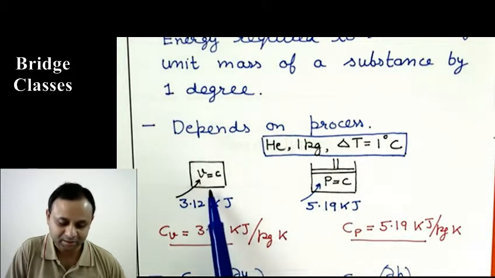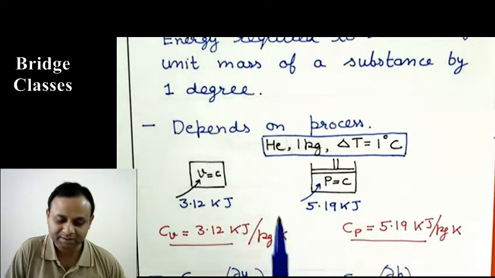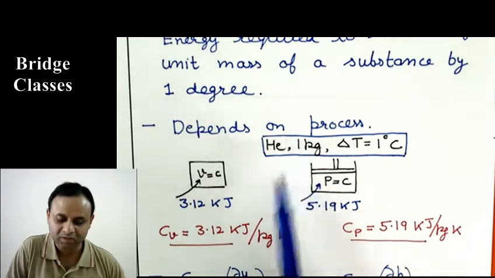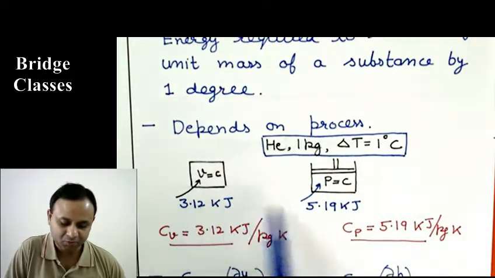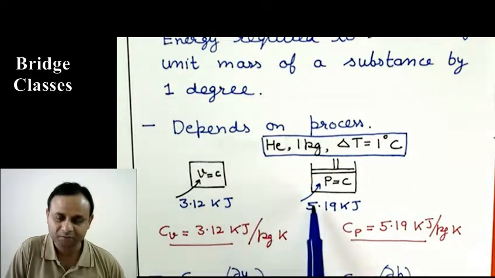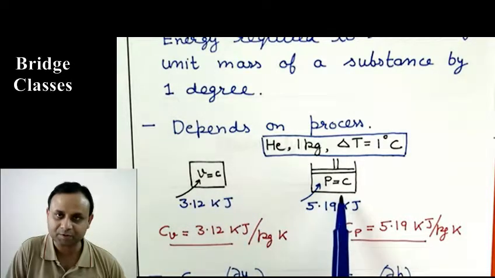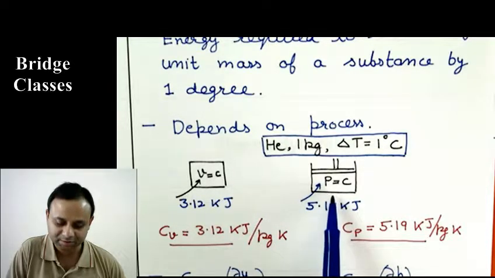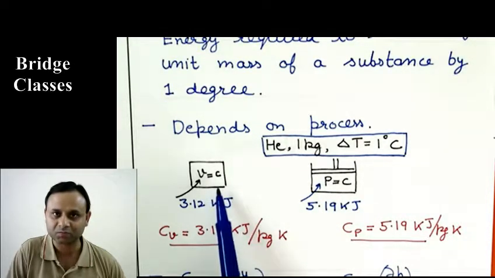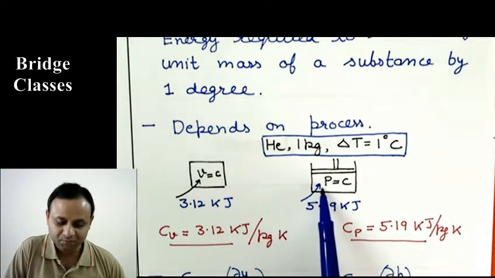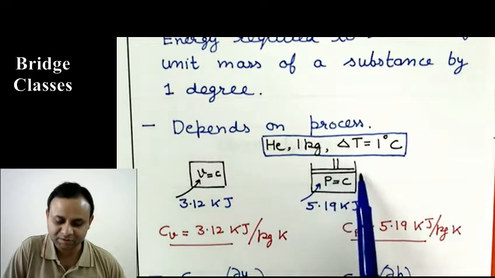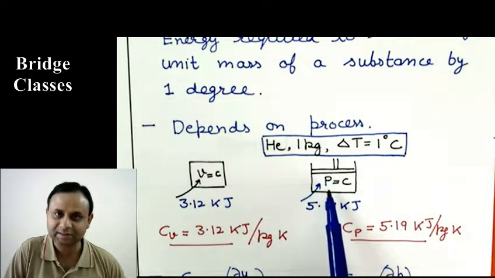Okay, so you see, in both cases, we are increasing the temperature of 1 kilogram of a substance by 1 degree C, but the amount of heat transfer required depends on the process. For the constant pressure process, it is greater than the constant volume process. And the reason is that in the constant pressure process, this piston moves as there is heat addition.